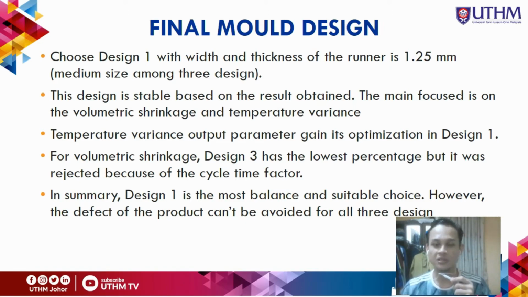For volumetric shrinkage, design 3 has the lowest percentage, but it was rejected because of the cycle time factor. This design may have low shrinkage, but the consideration in terms of economy and saving time is crucial. Although design 2 has the lowest cycle time, the product quality is not as good as design 1. In summary, design 1 is the most balanced and suitable choice.